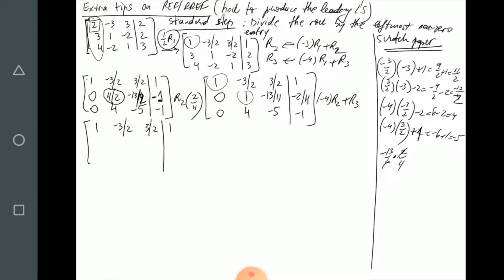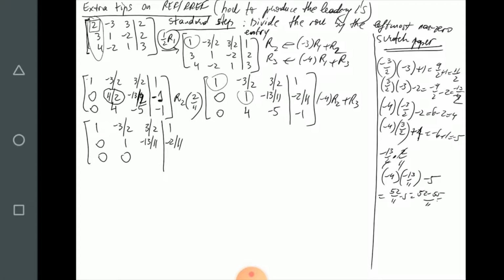Keep the second row as it is. 0, 1 times minus 4 plus 4 is 0. Scratch paper again. Minus 4, minus 13 over 11, minus 5. That's 52 over 11 minus 5.